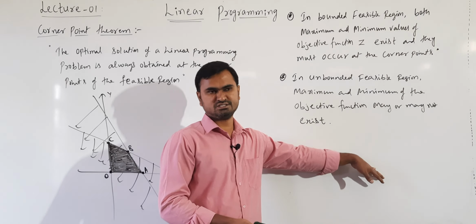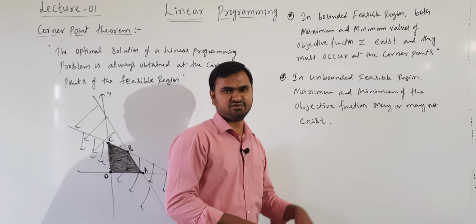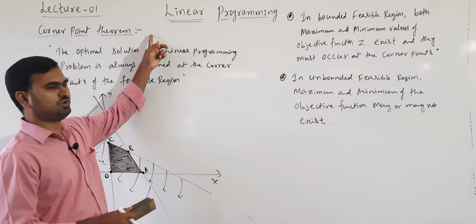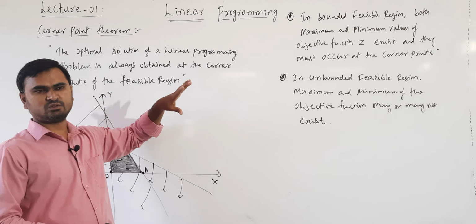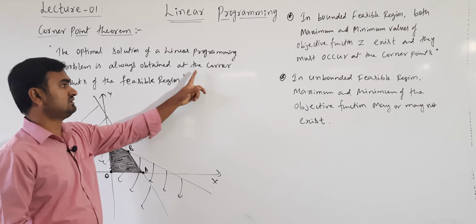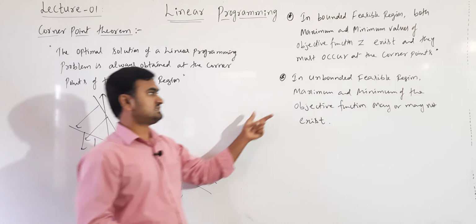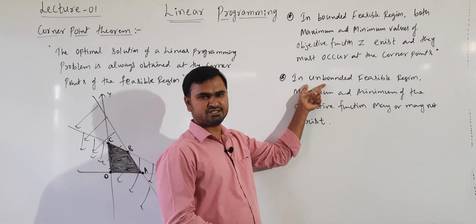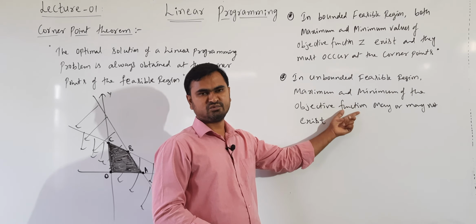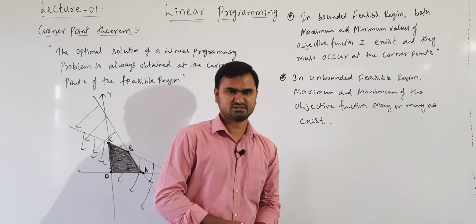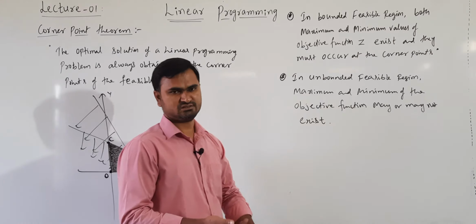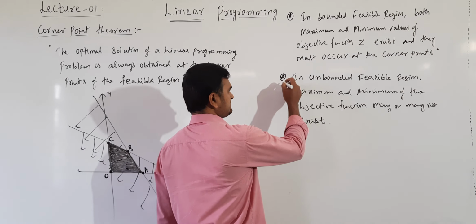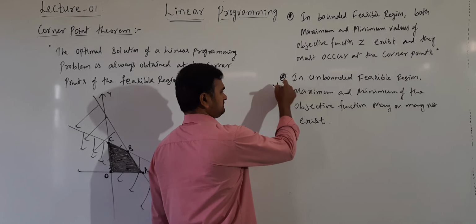It may or may not exist, but if it exists, whether the region is bounded or unbounded, the maximum or minimum must occur at the corner points only. So in the case of bounded, both will exist, whereas in the case of an unbounded region, the minimum and maximum may or may not exist. When it will exist, we don't have to study here, because this is a deleted portion.